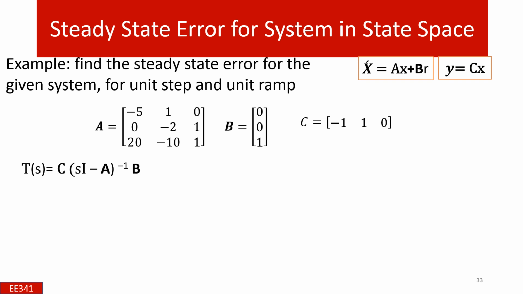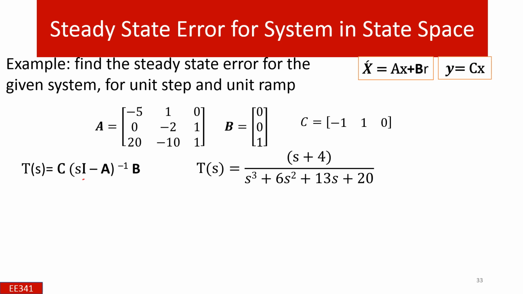Then, if the system is given in state space representation, we can find the closed loop transfer function from this relation, and here this represents the identity matrix.